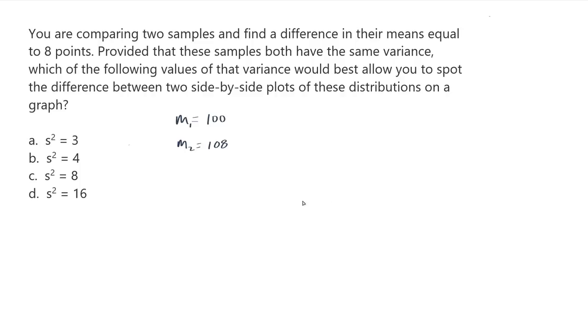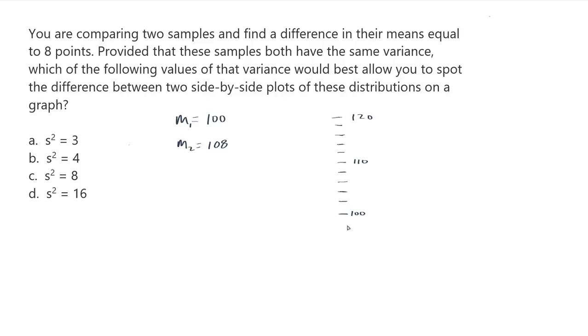Let's create sort of a number line. Actually, I'm going to do it like this. Let's call this 100, and I'll go up by 2's. So 2, 4, 6, 8, 10, that's 110. 2, 4, 6, 8, 10, that's 120.